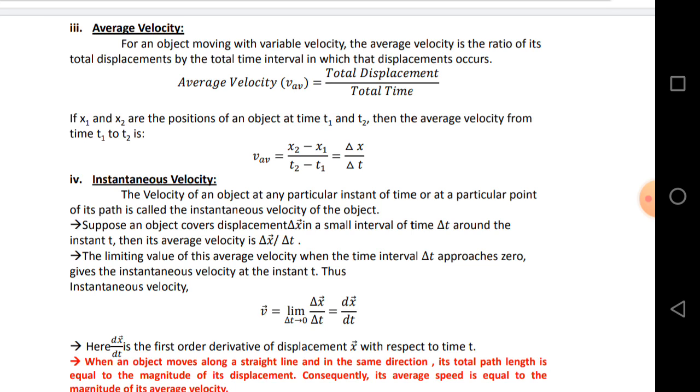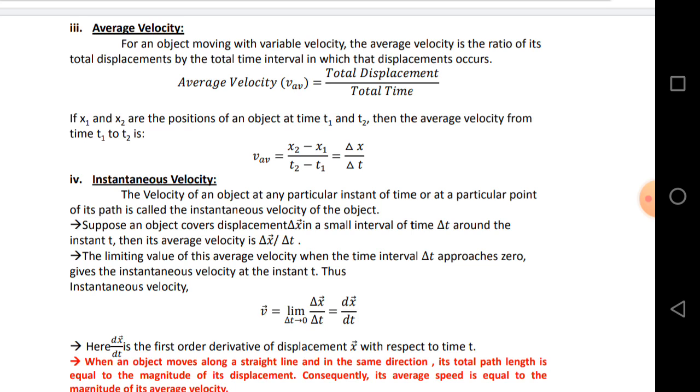Suppose an object covers a displacement del x vector in a small interval of time del t around an instant t. Then its average velocity is total displacement by total time, del x vector by del t. The limiting value of this average velocity when the time interval del t approaches 0 gives the instantaneous velocity at the instant t.